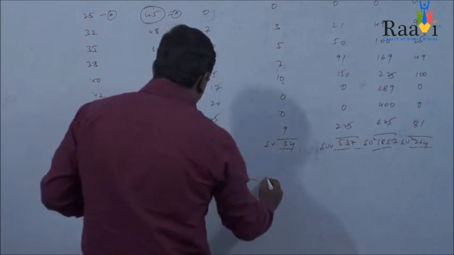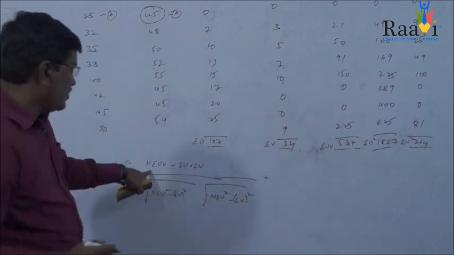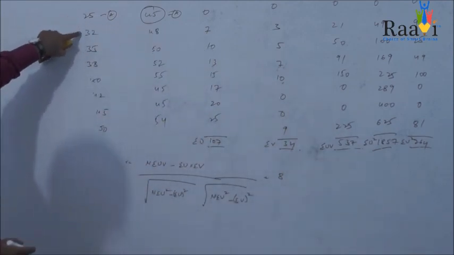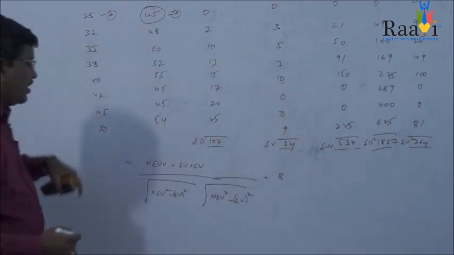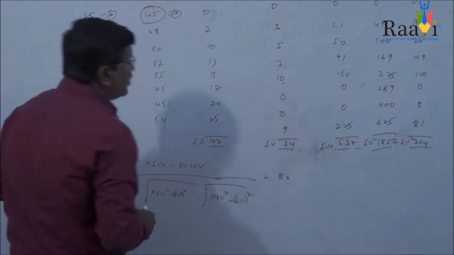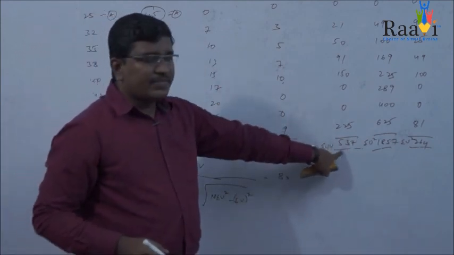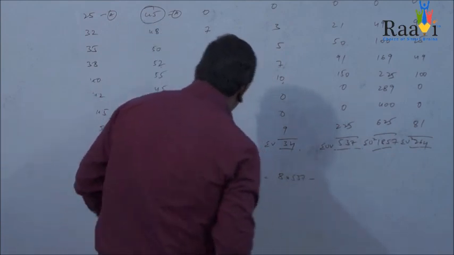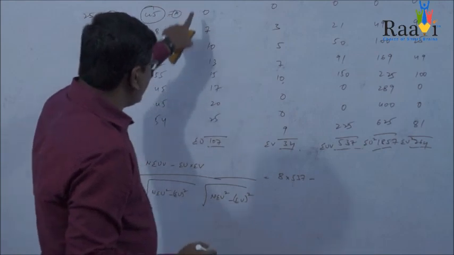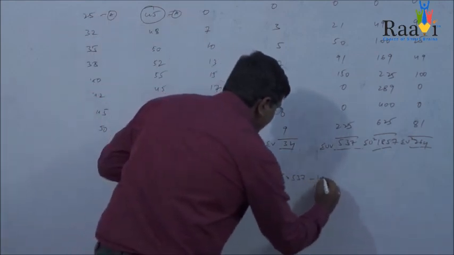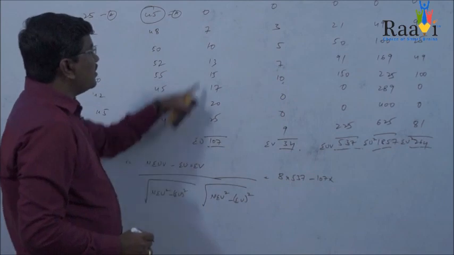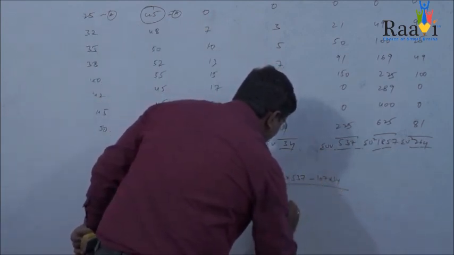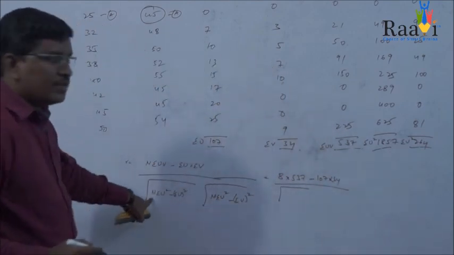Now we will substitute the values. N value is 8; n is the number of values, 1 2 3 4 5 6 7 8, into summation uv. We already know the summation uv value, that is 537, minus summation u, the total of u, that is 107, into summation v, the total of v, that is 34, divided by under root n into summation u square.